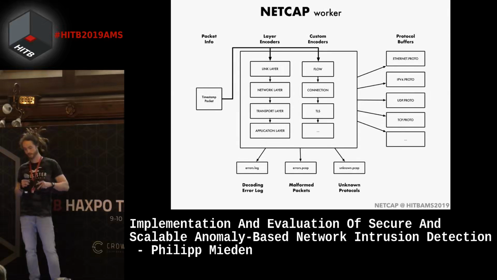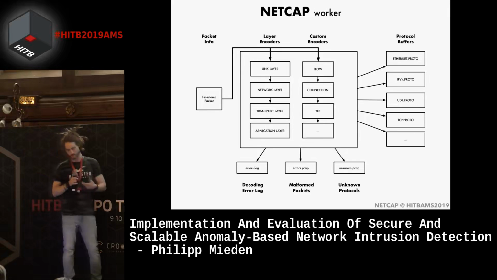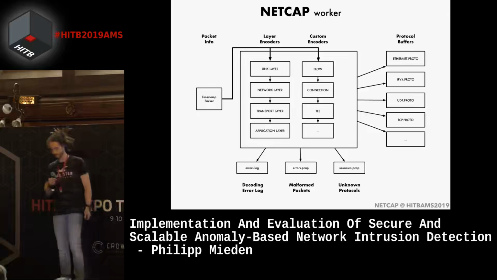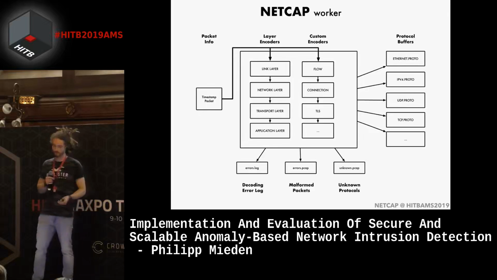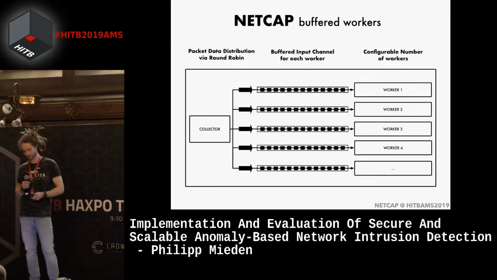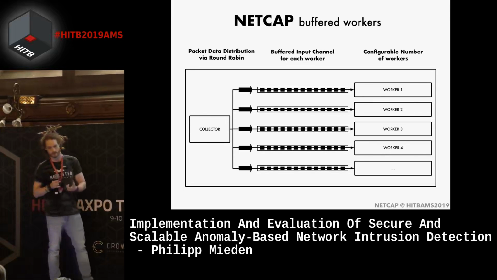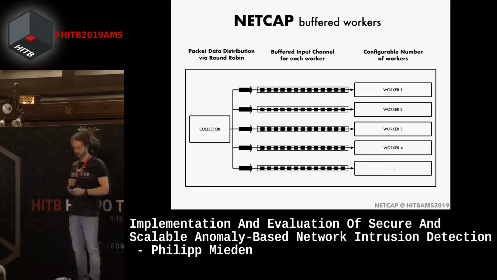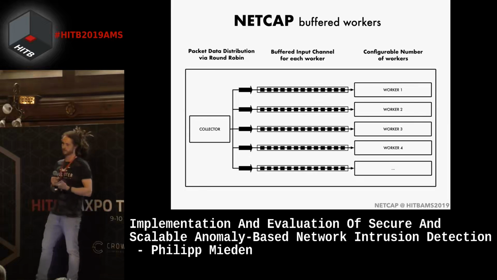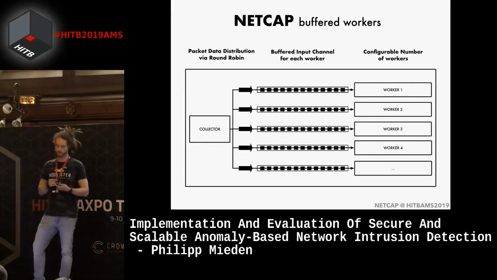Each worker dissects all the layers and writes all the audit records into the corresponding files, and also filters out traffic that we cannot decode or that had errors when decoding. Workers are buffered, so each worker has an input queue, and you can configure the size of the queue. I try to keep it as configurable as possible, so you can really tweak it and look at what works best on your system and where you get the best performance.